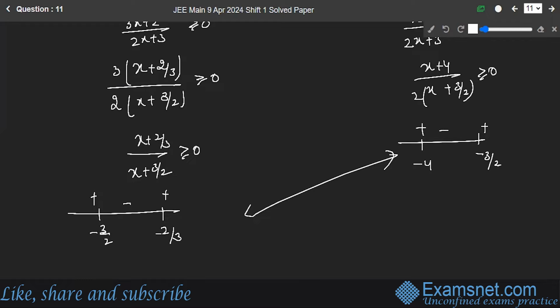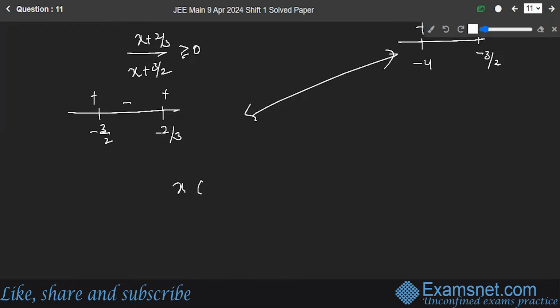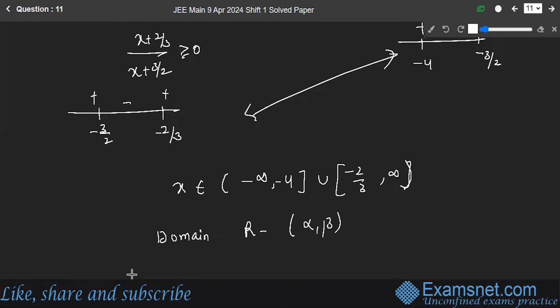Let's see the intersection of both of them. Now, this makes x belong to (minus infinity, minus 4) union (minus 2 by 3, infinity). So that means you are given in the question that the domain is all real numbers except alpha and beta.